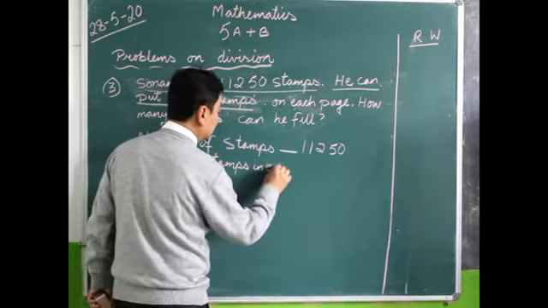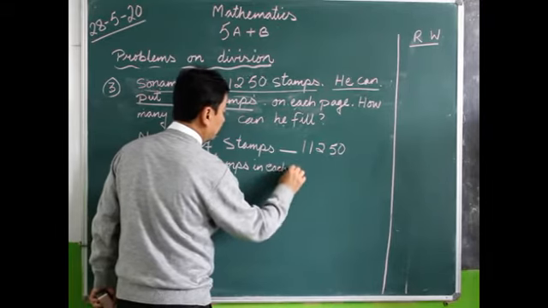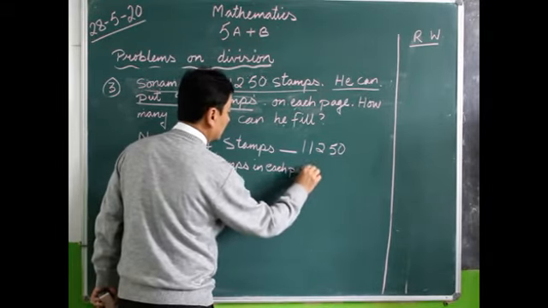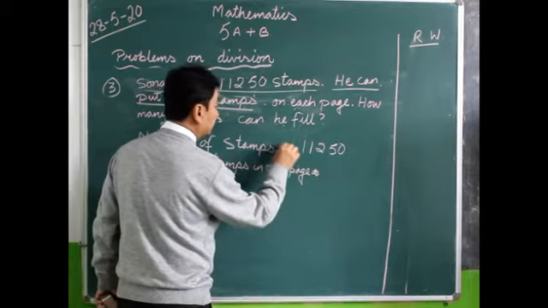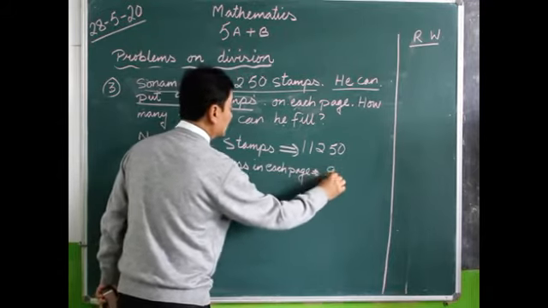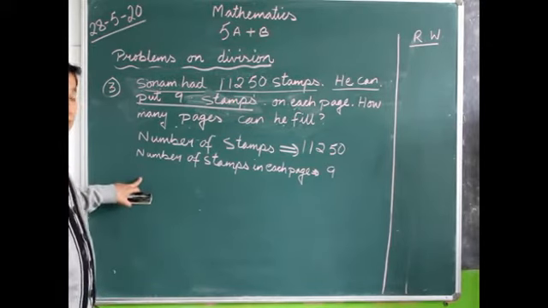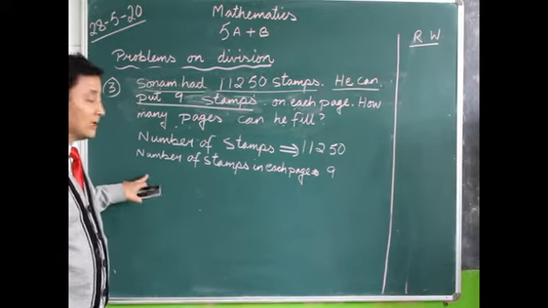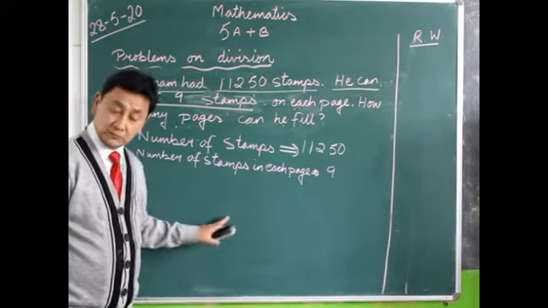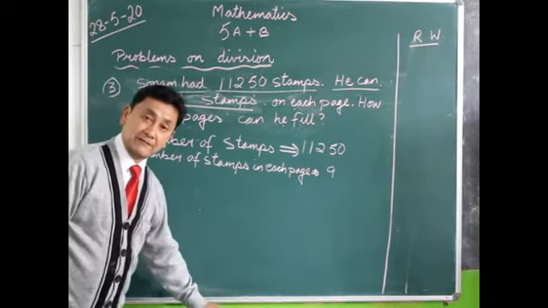Let's write each page. How many? 9. So we have written our statements. Now we have to write the third statement, but we are not going to write it here. When we finish doing the sum, we write it at the bottom.